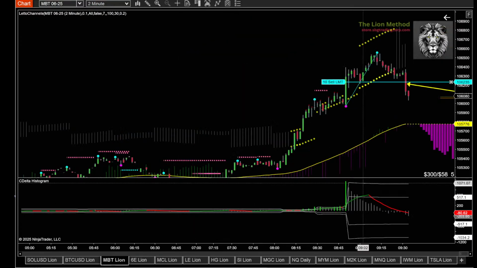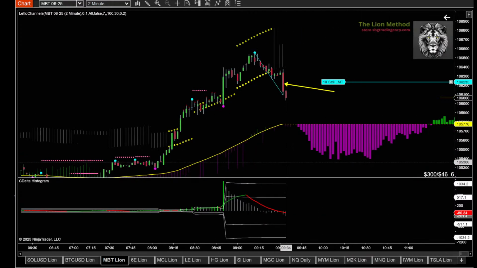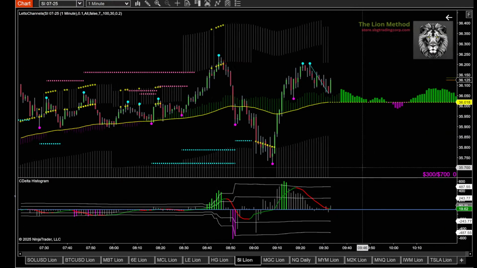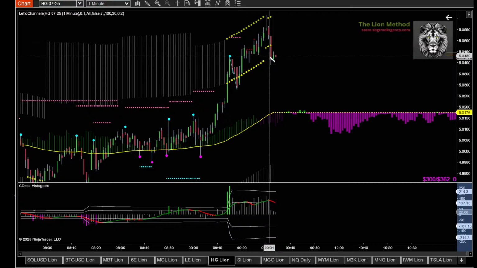6E. I'm a little late. Look at that beautiful tendency histogram down. MGC, silver. What are you doing? Copper. Almost a sell dot here. Almost. Not right.